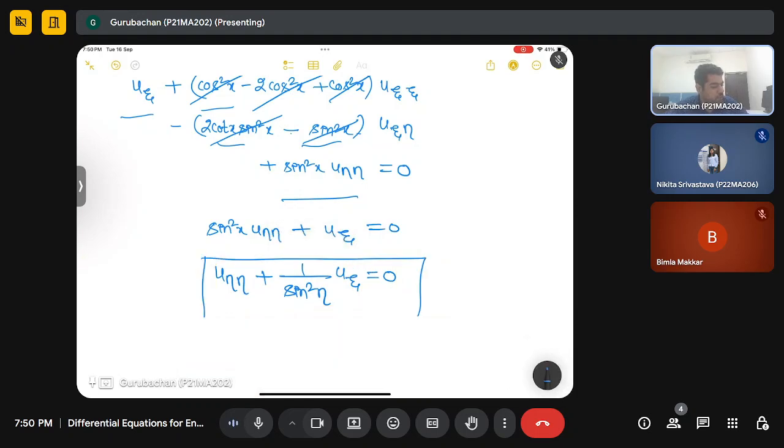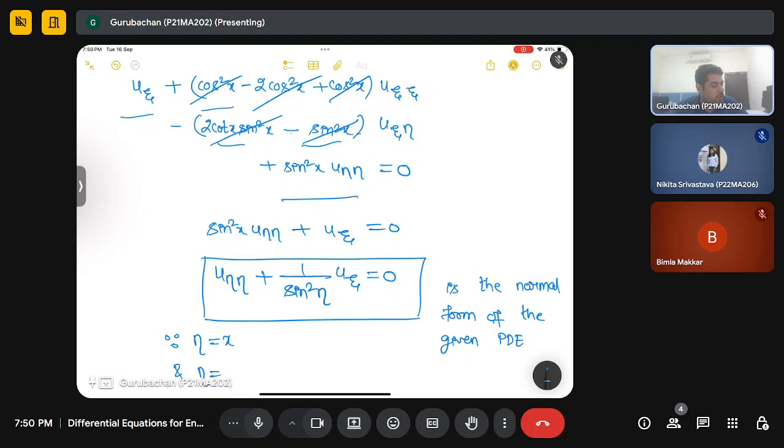So this is our normal, or you can say canonical, form of the given PDE. Here eta is equal to x, and eta cannot be 0.